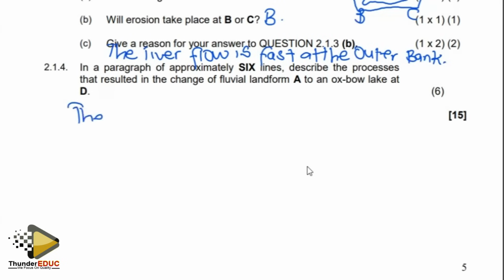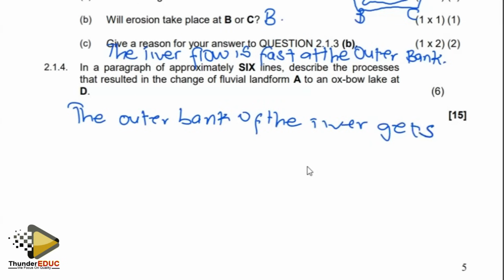So you talk about the outer bank of the river gets eroded. You get 2 marks for that. And then you also talk about the deposition takes place at the inner bank.